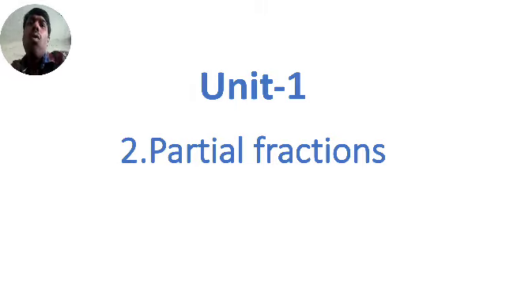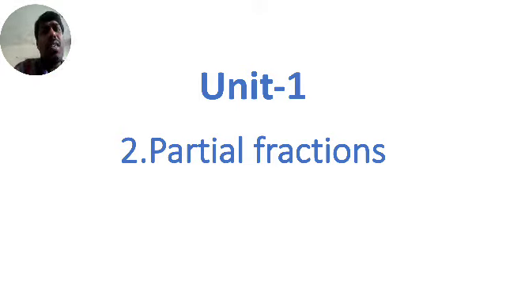So when a fraction is given, we are going to resolve it into partial fractions. What are the partial fractions, what are fractions, and how they will be resolved into partial fractions, that we are going to learn today.